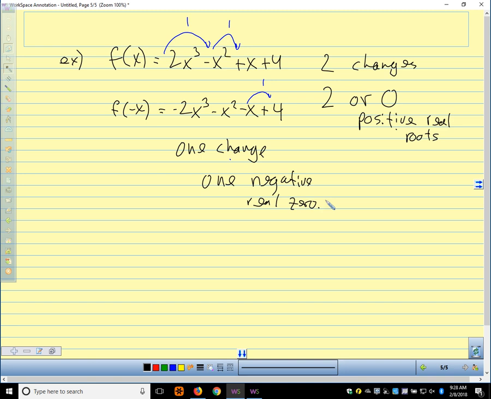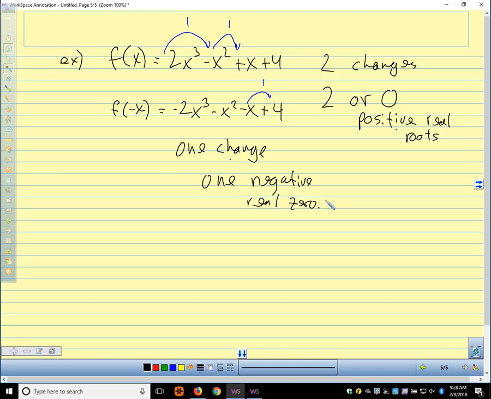If I did Descartes' rule of signs here, I would try negative 1 first. Once you found one negative real zero, then you're done. You don't have to try any more negative numbers. So that's how Descartes' rule of signs can help us limit our choices.